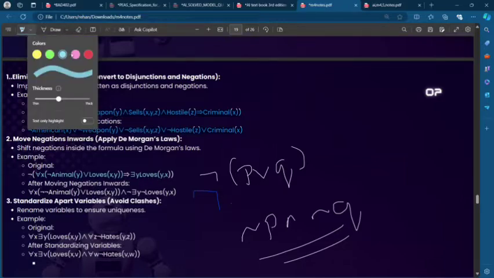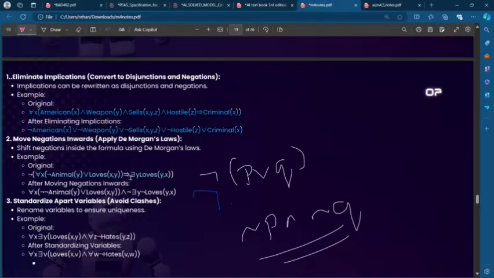Now if I take another color, you can understand from this. So this thing is becoming this. We can see the extra double negation here. You can simply skip that negation, because double negation will become a single negation.